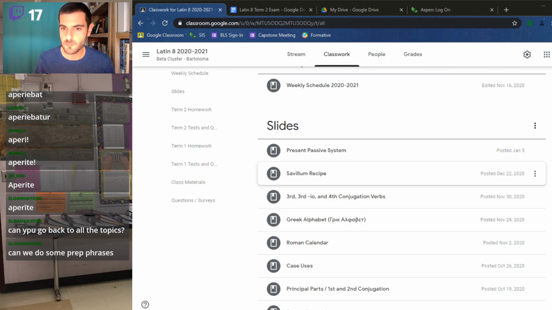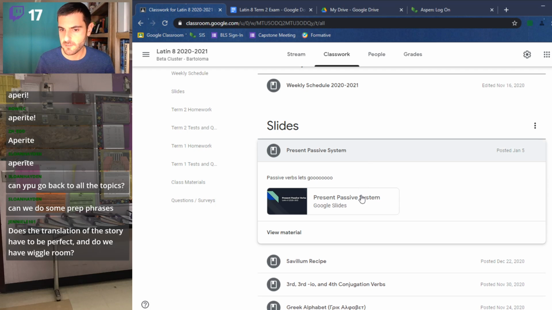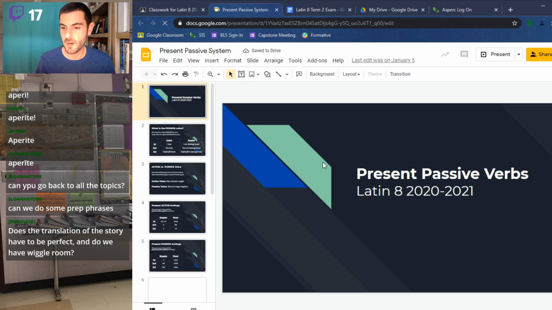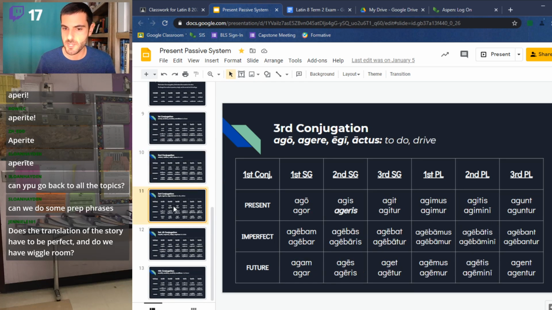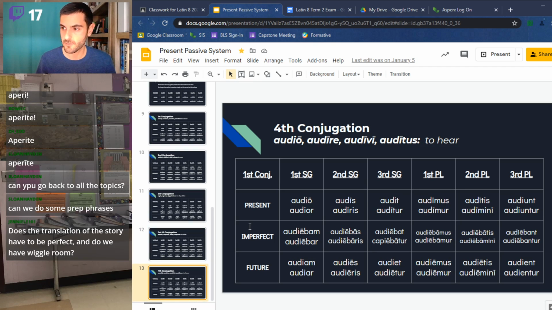In the Google Classroom, particularly if you're looking for verby stuff, you've got the slides from the passive system. Down at the bottom, the last few slides, we've got examples of each conjugation, so you can use these to check yourself.